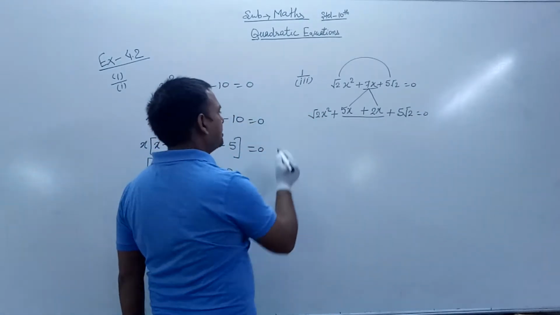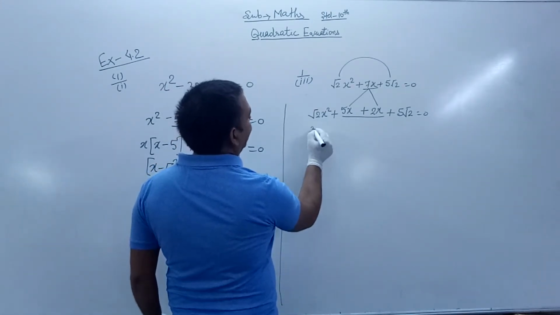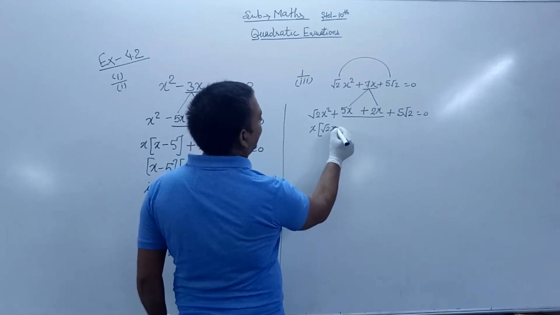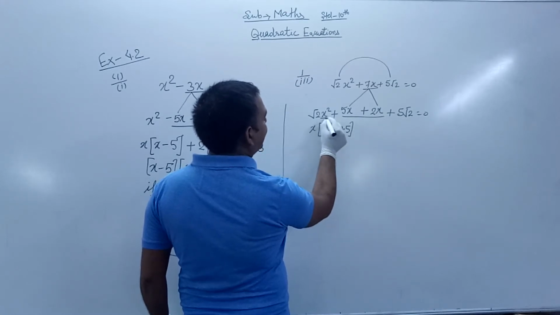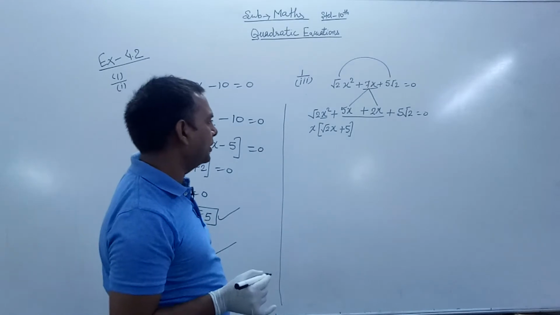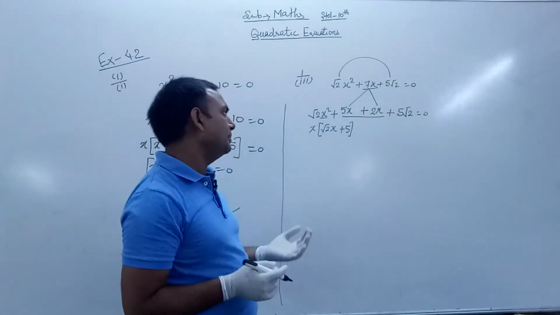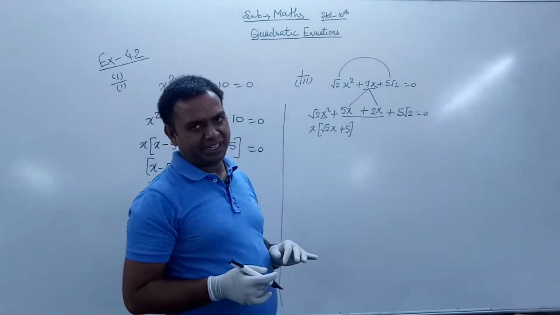After that you take the common factor. Here you take x common, so it is x into root 2 x plus 5, because from the x square I take x common, so it is root 2 x, and from 5x, if I take x common, 5 is remaining.